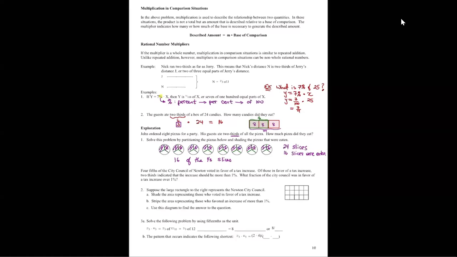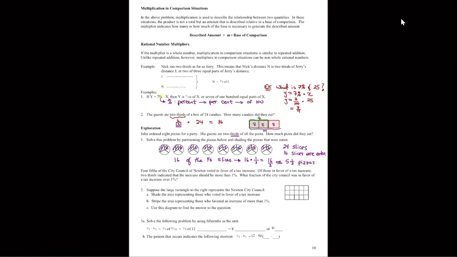In this context, or a similar context anyway, I would take the 16 and multiply it by 1/3. And I could get a couple of different representations of the answer. 16/3, or 5 1/3 pies. Well, I'll say pizzas just to be consistent with the way the question was framed.